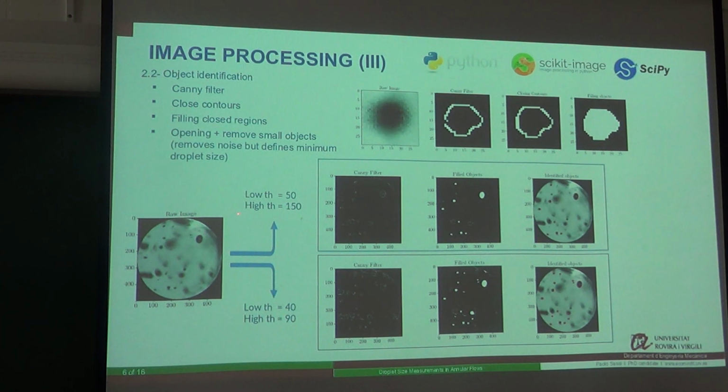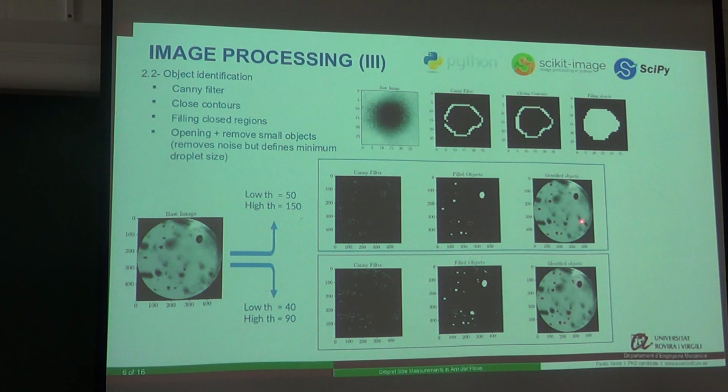So here I have an example with 2 sets of thresholds for the Canny edge detector. This is a little bit more strict because we need 150 here and the high threshold here is 90. So if you apply all the process, we see that here there are more droplets identified.